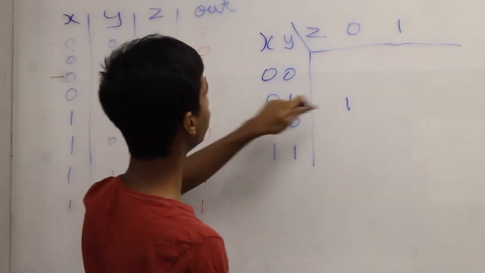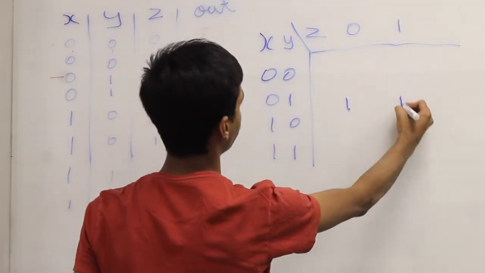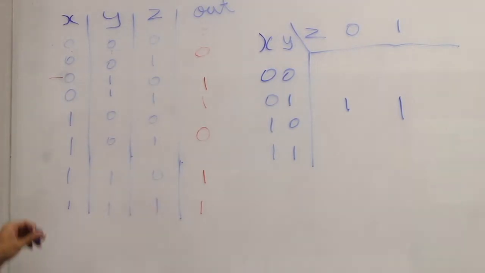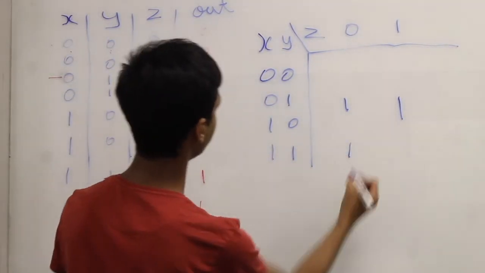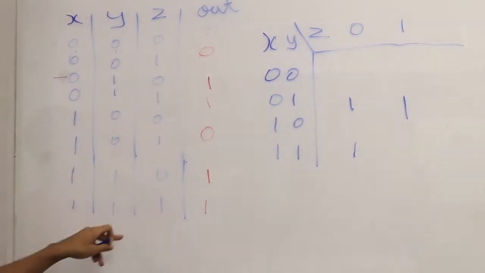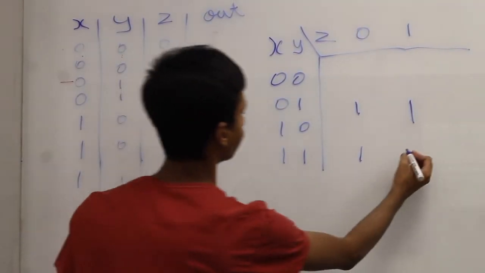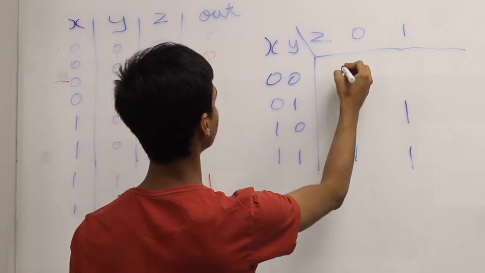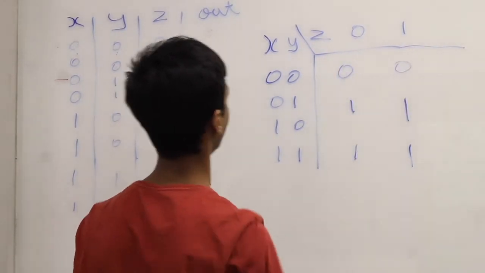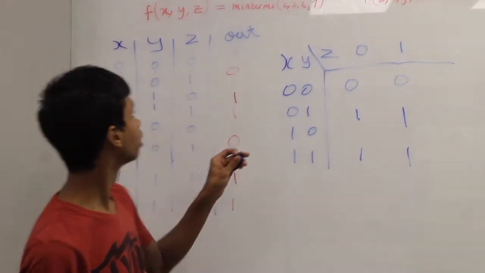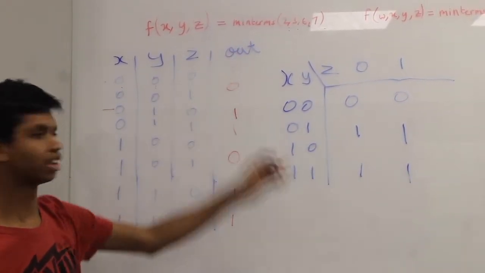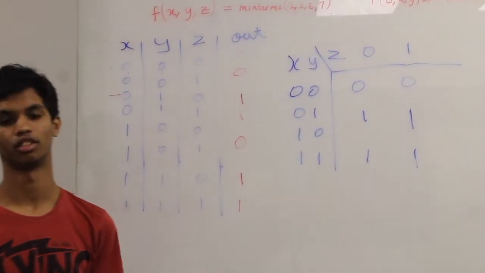So 0, 1, 1, we'll write 1 here. 1, 1, 0 and 1, 1, 1, the output is 1. So write 1 here. Rest others are 0. So this is the easiest way to find K-map. The K-map of these minterms is this. This is the final equation.